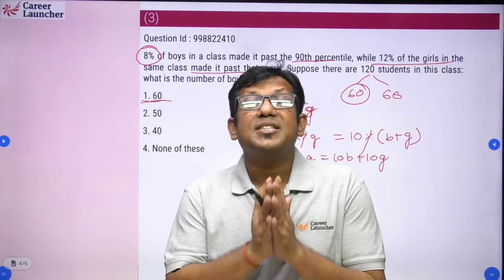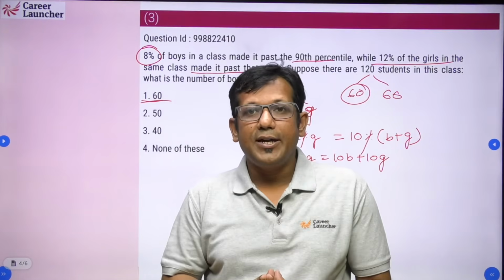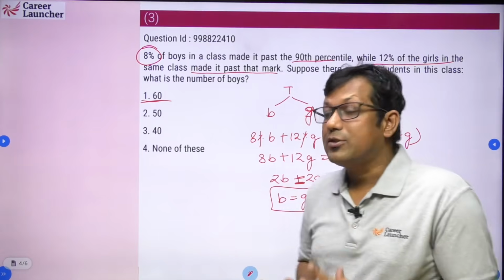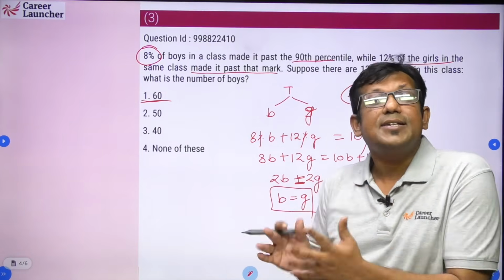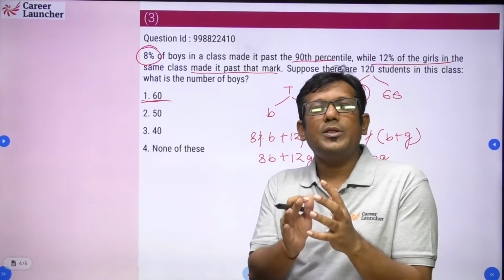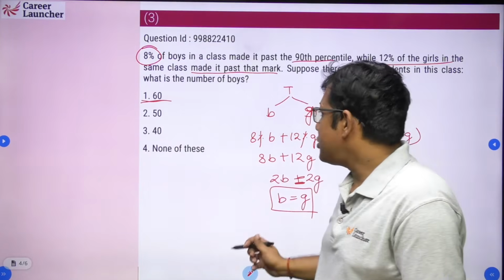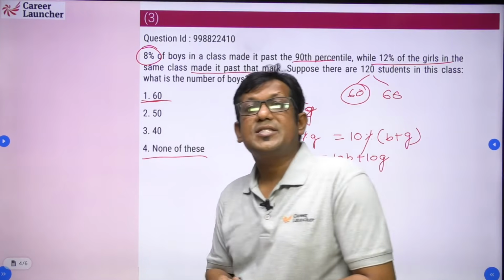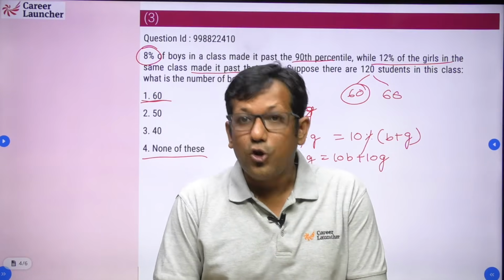Here the data becomes inconsistent because the number of boys or girls can never be a decimal. So basically the actual answer should be data inconsistent because the number of people that I am getting are in decimals. So the answer should be none of these in this one because the data itself is inconsistent. So that's the reason this should not be the correct answer.